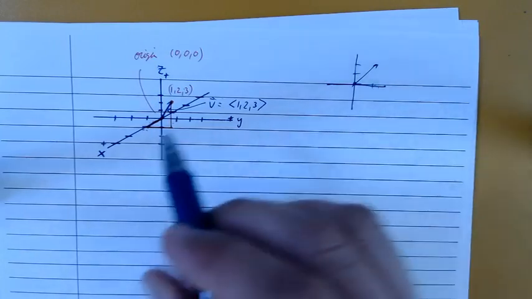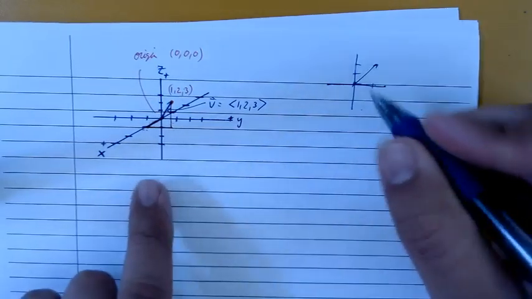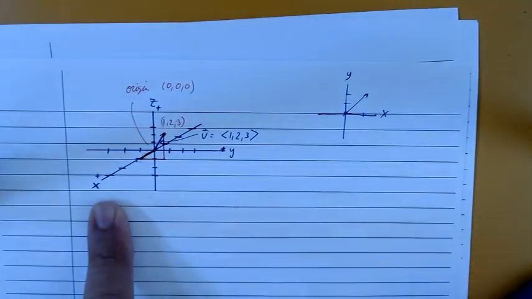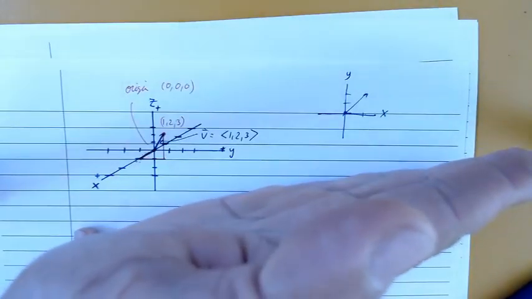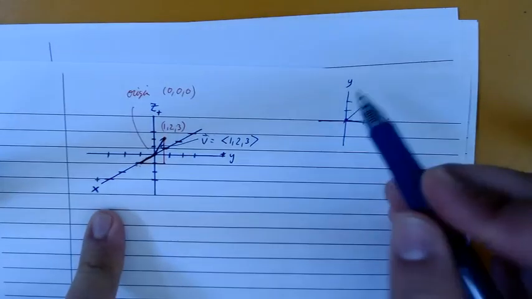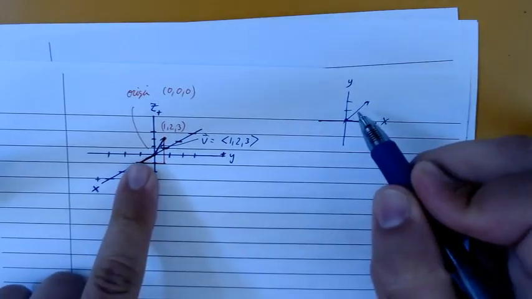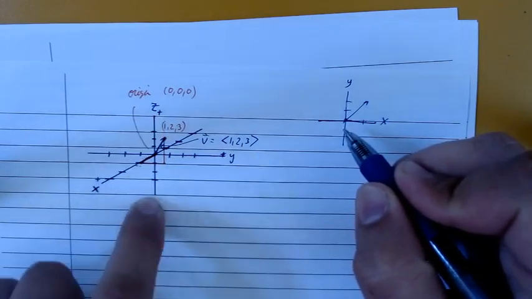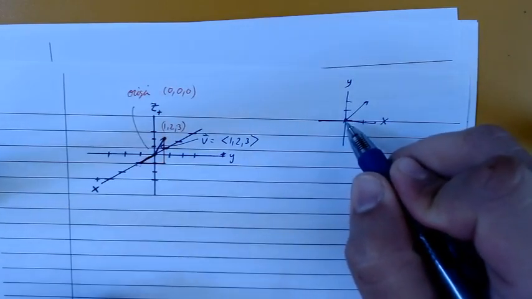Incidentally, these are not totally unrelated. This is a top-down view of this. If this is your x-axis and this is your y-axis, notice that's your x and that's your y. So z is coming up this way. So this is a top-down view. Right here I'm sitting up at the top of the z pole and I'm looking straight down.